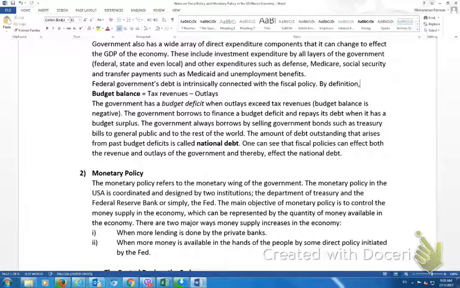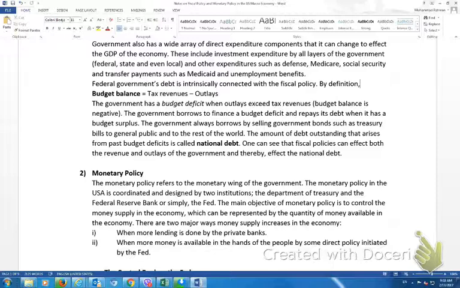Okay. So one can therefore see that the national debt has a very strong relationship with the various fiscal policy activities by the government. If the government collects too little tax revenue, or if the government incurs too much expenditures or outlays, deficit will go up, and if deficits go up, national debt should naturally go up.